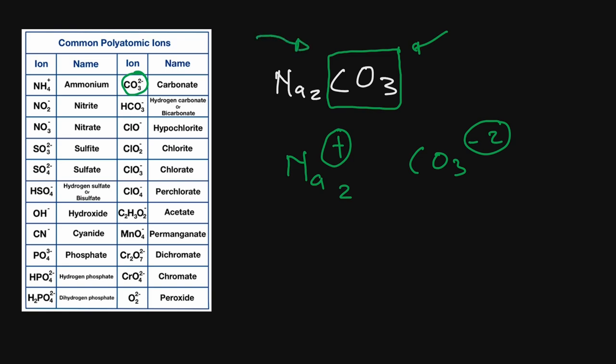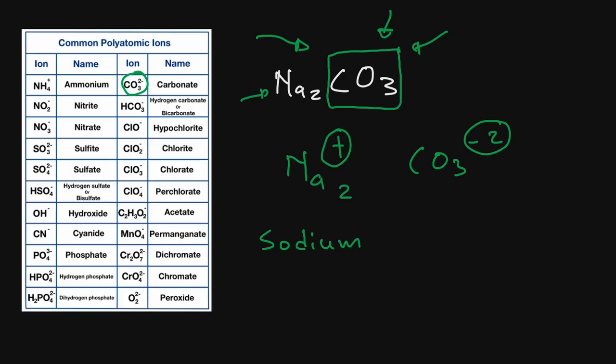Now, when we label this compound, we're going to name it the very same way. The first element is a metal, so it's just going to be sodium. The last part is not a non-metal or some other type of element.